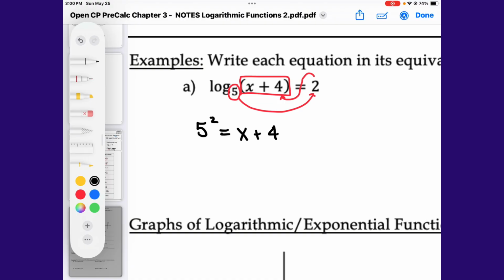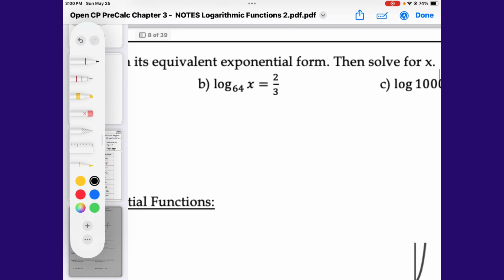This is now something we know how to solve, because we know that 5 squared is equal to 25, and then it becomes a pretty easy little equation that we can solve for. Again, a good time to pause, see if you can do the next two on your own, and then go from there.